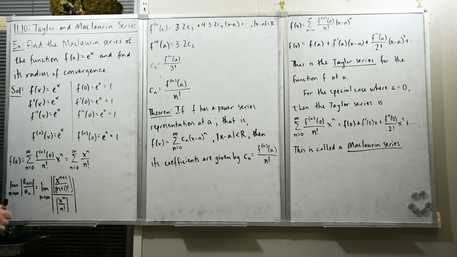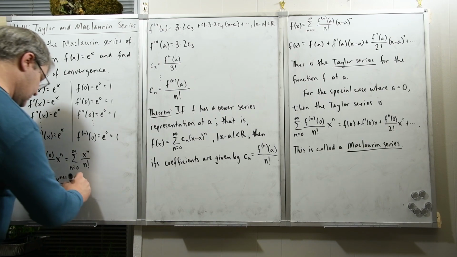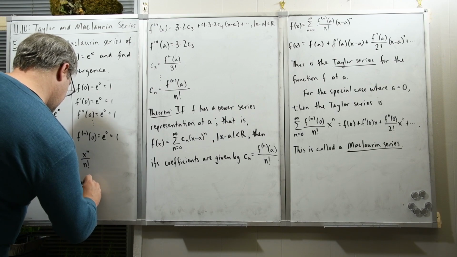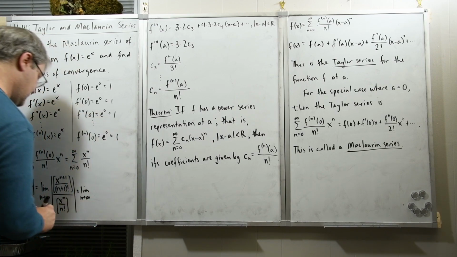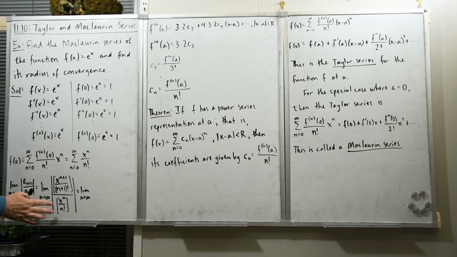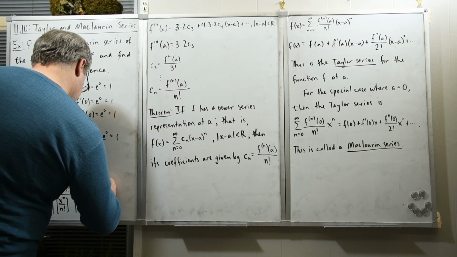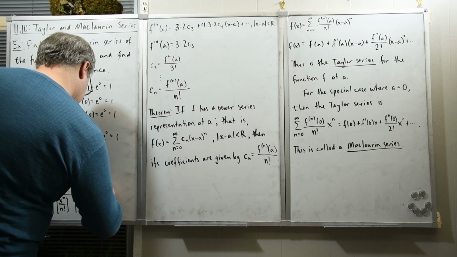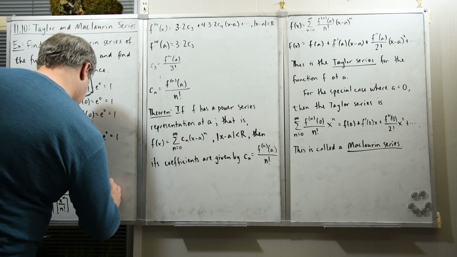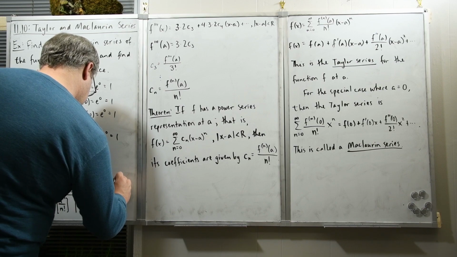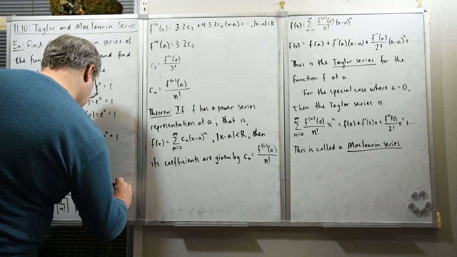So now we have the means to simplify this a bit. So the limit as n approaches infinity. And remember, dividing by this is the same as multiplying by its reciprocal. So you'll have your x to the n plus 1 over n plus 1 factorial times n factorial over x to the n.